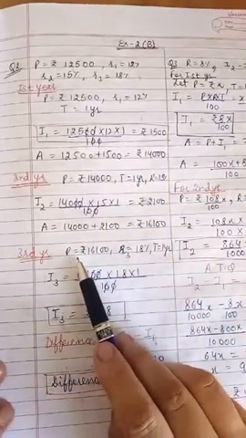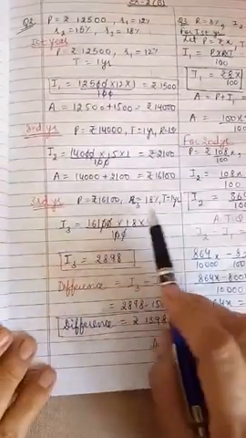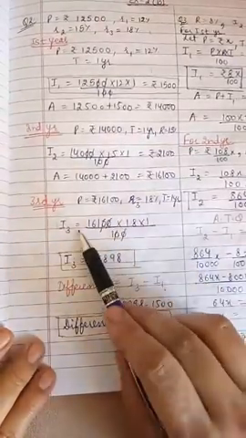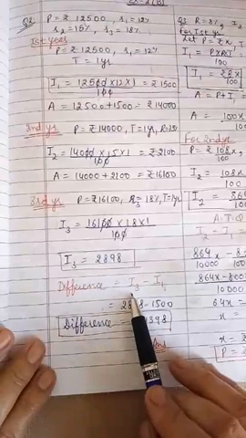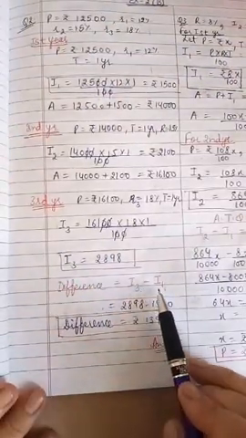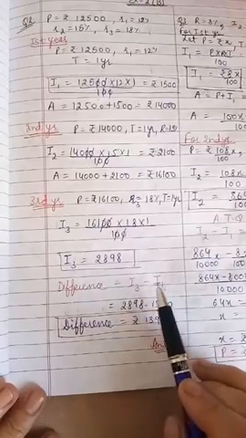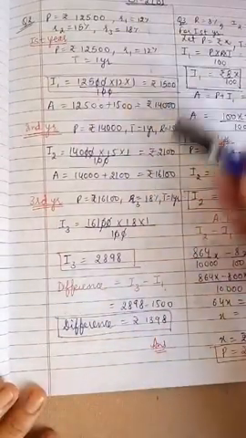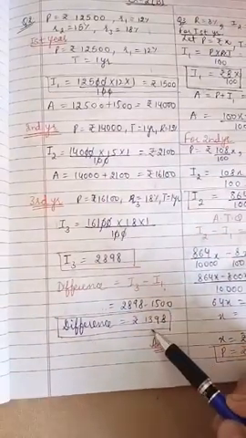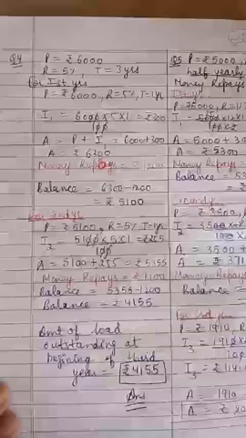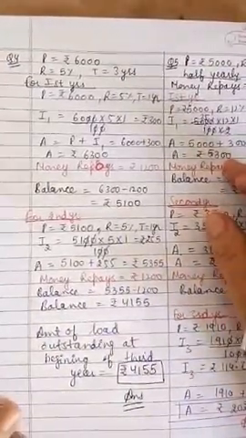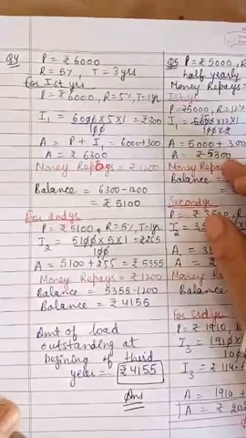And then here also, this will become the principal of the third year, then again interest, and then they ask you in the question what is the difference between the interest of the third year and the first year. So simply we have to subtract them. In the end we subtract them and we are getting 1398.